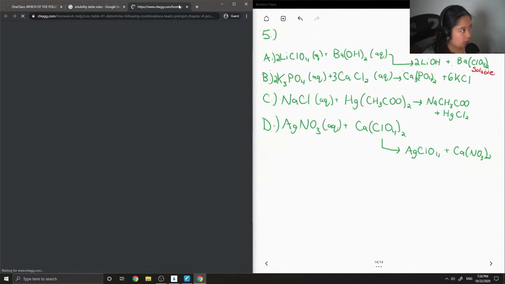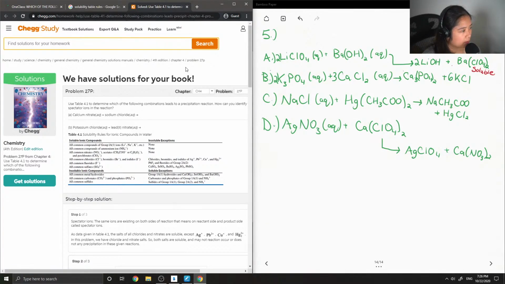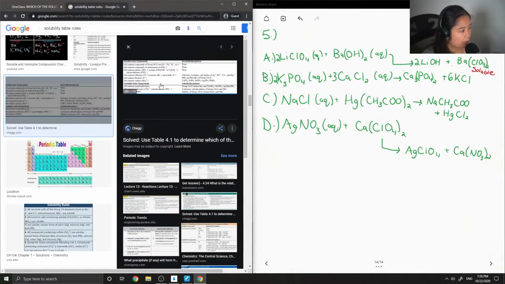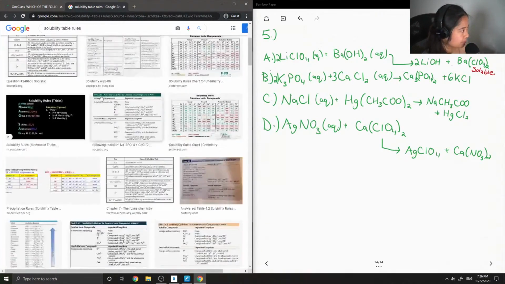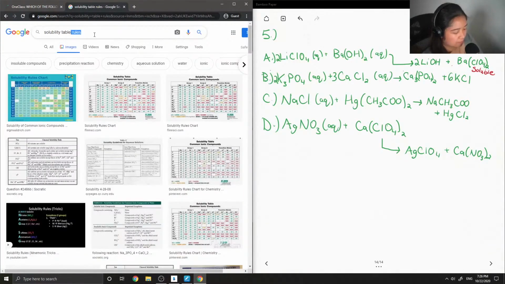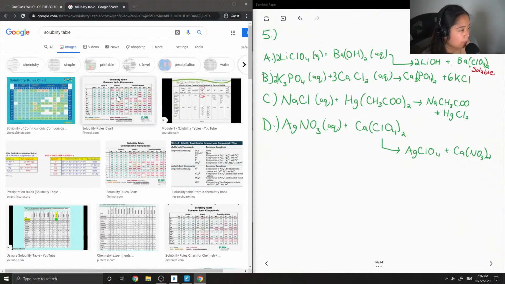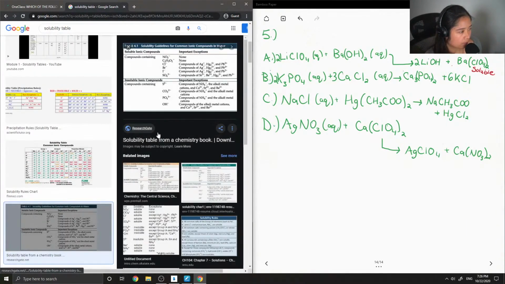This is the one that I was looking for. That's like a better quality. Let's just use this. So the first one's soluble.